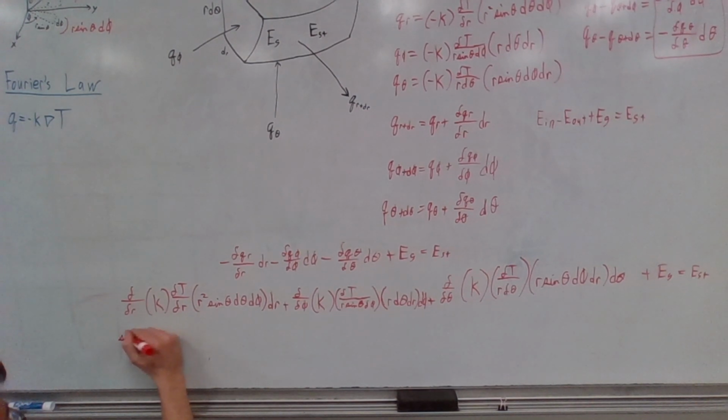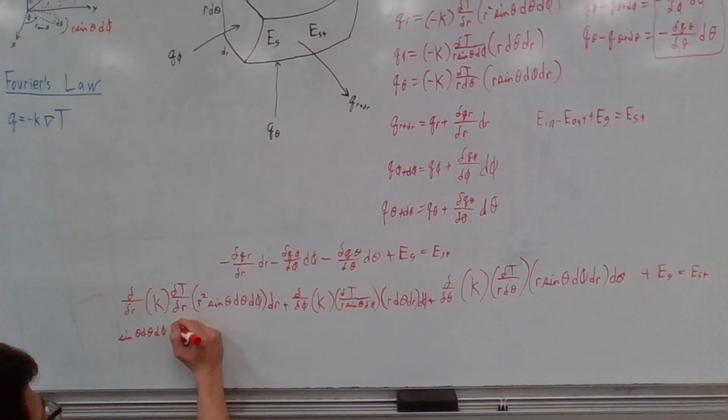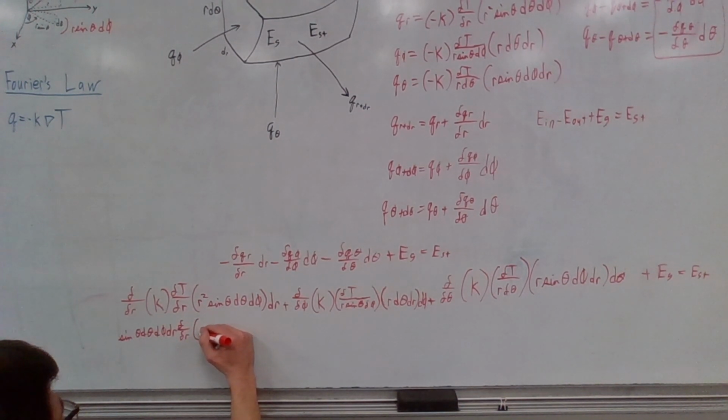Sine theta, d theta, and our d phi, and our dr as well. And this will be times our partial with respect to r. And we'll just leave r squared in there.